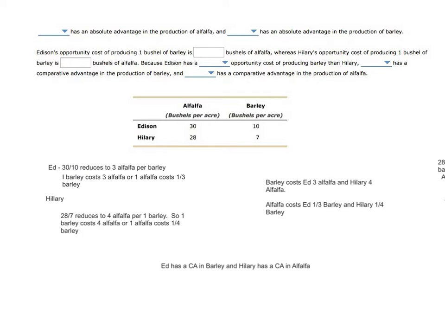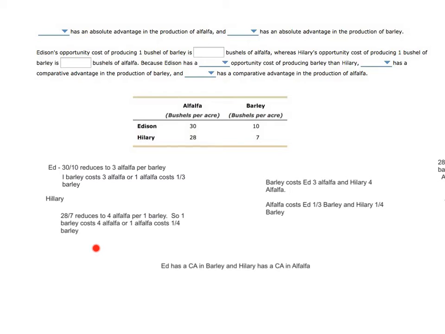Hillary, you're looking at 28 to 7, so that's a 4-to-1 ratio. Hillary gives up 4 alfalfa when she decides to produce 1 bushel of barley.